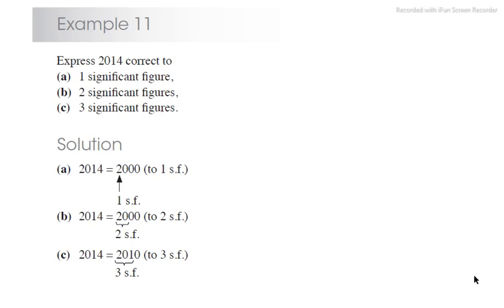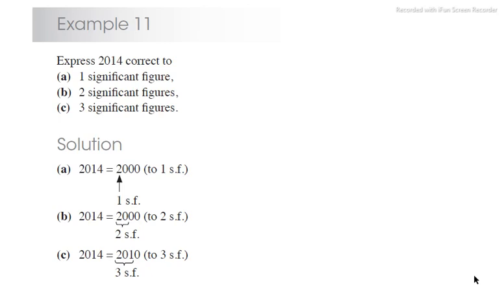And when you round 14 to the nearest thousands, it is almost nothing. So we remain with 2000. And in 2000, we are only considering 2 as the significant figure. The other zeros are not considered in this case.